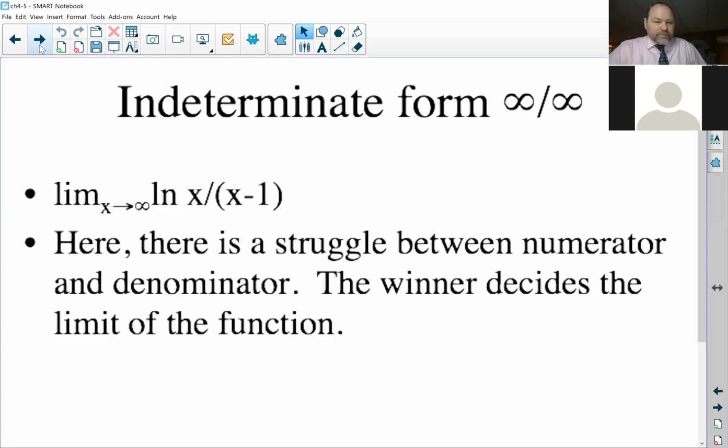It could be, but it doesn't have to be. Basically, what determines the value is which function, either the numerator or the denominator, is the stronger function. I call it the winner in this struggle. The stronger function wins, and that's going to determine what our limit is.